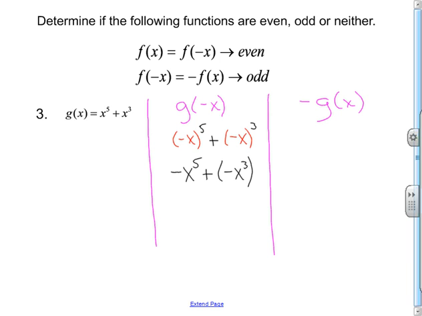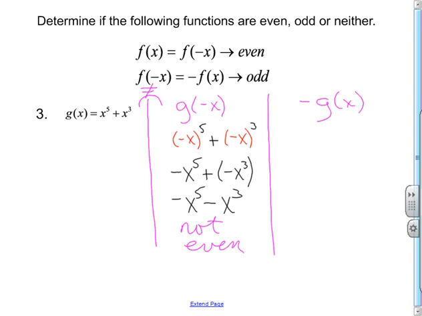Then I'll simplify that double sign by going negative x to the fifth minus x to the third. We can see that that is not equal to the original function. So I'll make a little note here, not equal, so it's not even.